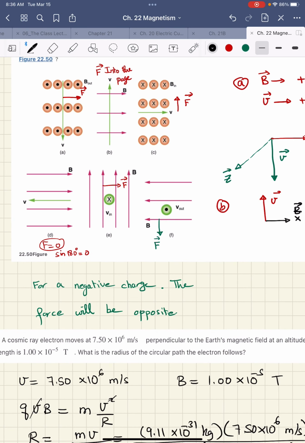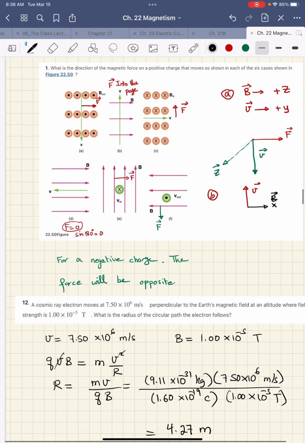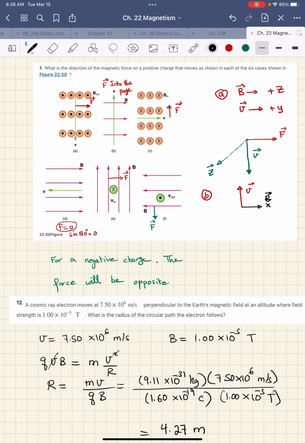For number D, if I do the magnitude, it is going to be sine 180, and sine 180 is 0, and therefore the force is 0. Now, all these directions are for positive charges. For a negative charge, after I find the direction, I say the force should be in the opposite direction.